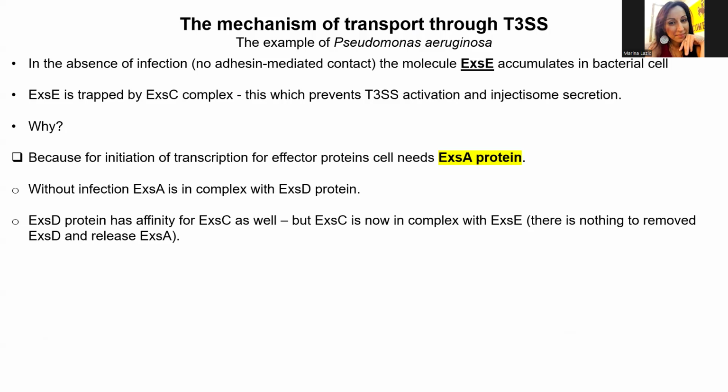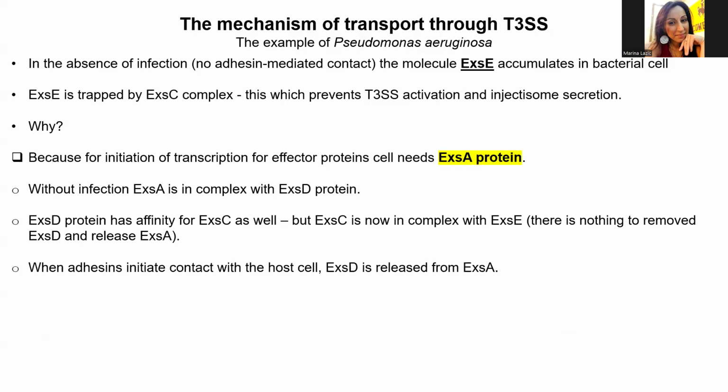But when adhesins get synthesized, so when they bind the whole cell and adhesins are synthesized, that's the signal for D to get released from A. So it's like a breakup. So A is like, wow, I'm stuck in this relationship.